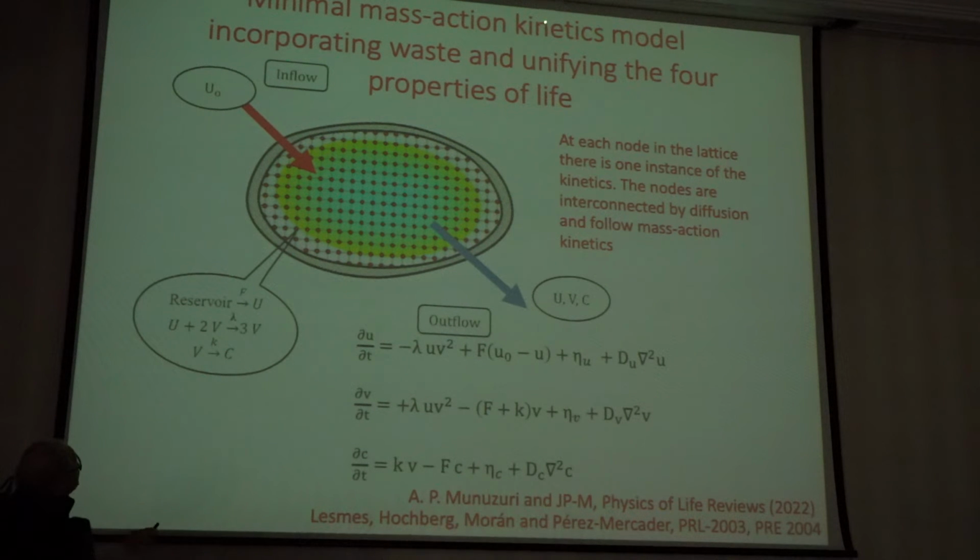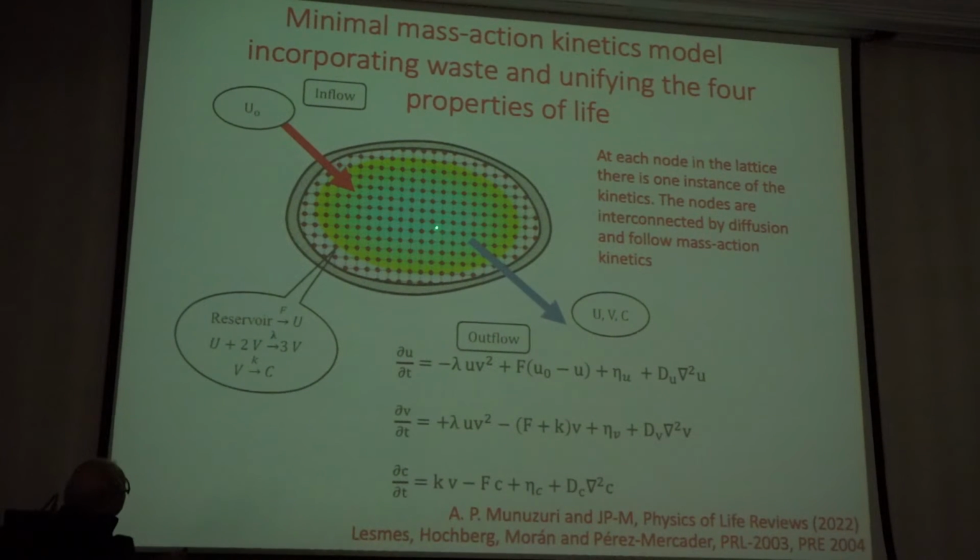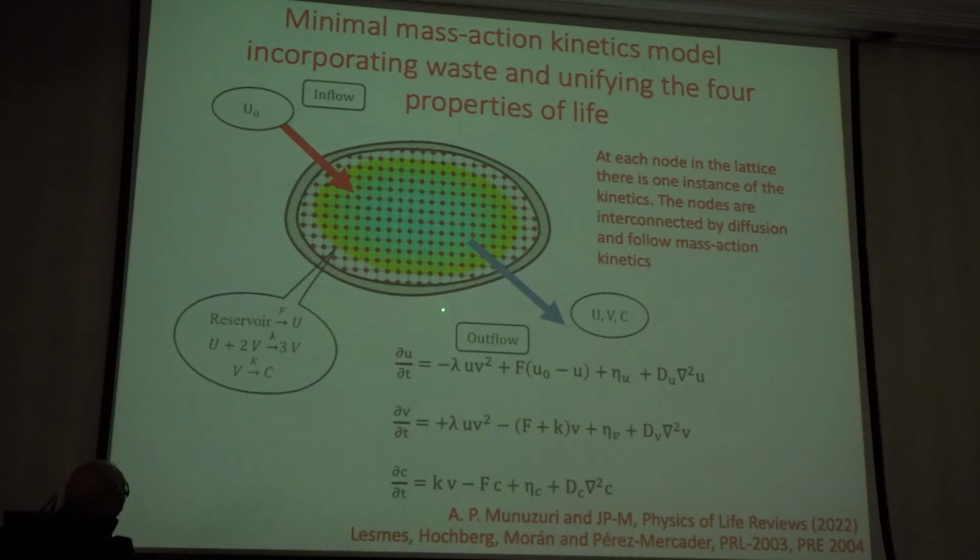You constrain it with mass action kinetics, and you can actually find out that all those properties, in a unified way, are satisfied by these stochastic parabolic nonlinear differential equations, Spanos, like somebody used to call them.